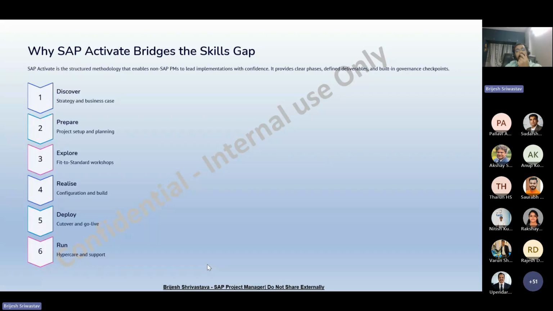Instead of figuring out everything on your own, SAP Activate tells you what needs to be done, when it needs to be done, and what deliverables are expected at each stage. So that's why I always tell you, at each stage we have a number of deliverables.